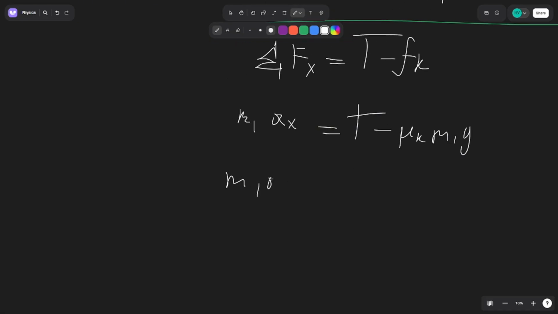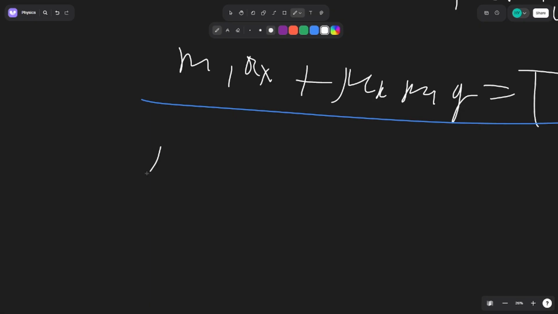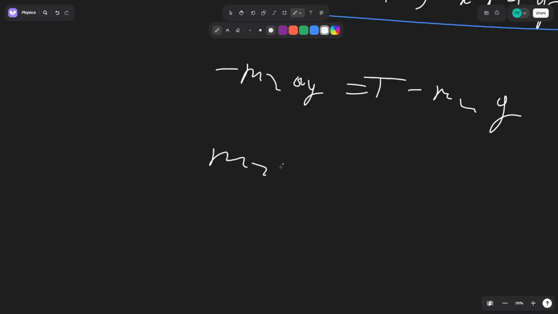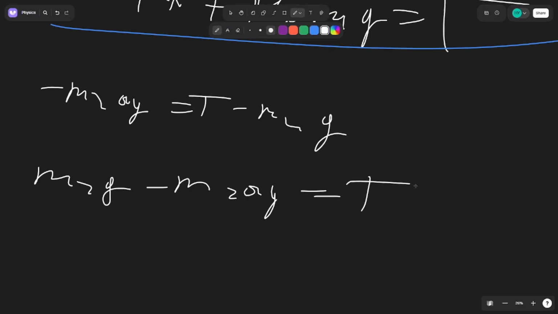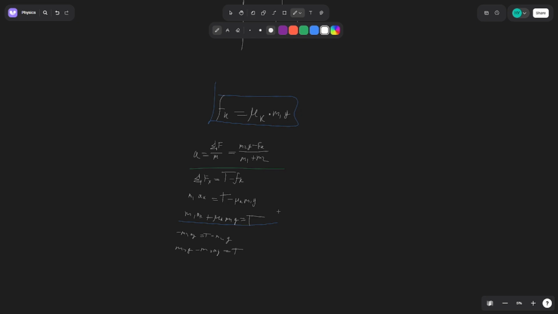So m1ax plus mu k m1g equals tension. And therefore, negative m2ay equals tension minus m2g. So m2g minus m2ay equals tension. This is just any versions of formulas you can face in your exam or whatever.